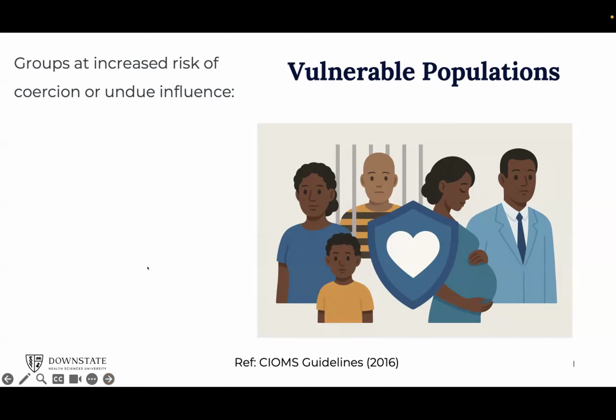Because we need to make sure that in addition to them understanding that research is voluntary, that they don't have to do this, that this is not going to impact their ability to continue to receive care and treatment. That it's very, very specific that we make sure that there's no coercion or undue influence.